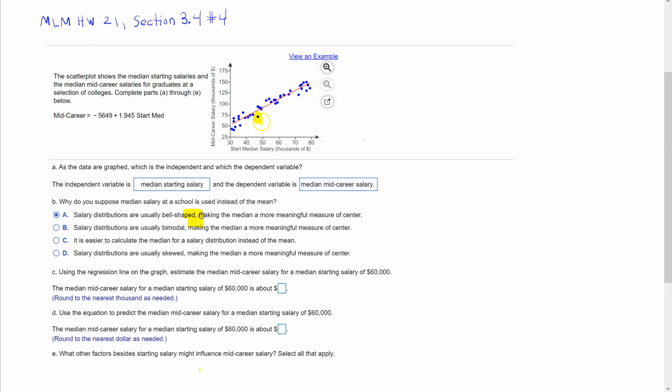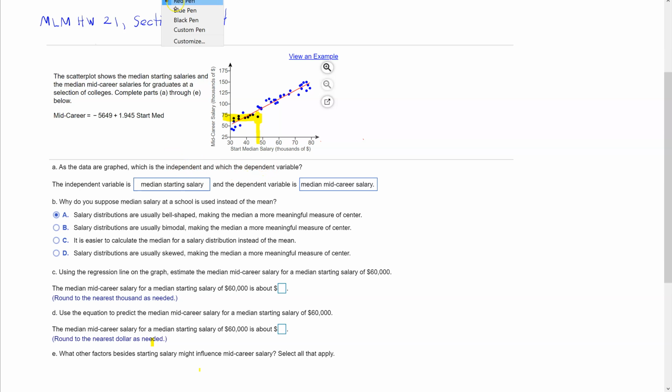And so this college, I don't know what college that is, but graduates from this college have a median starting salary just under $50,000, and about halfway through their career, the median salary is just under $75,000. Okay, and that's what the first question is asking us. Just what is the independent variable and the dependent variable?